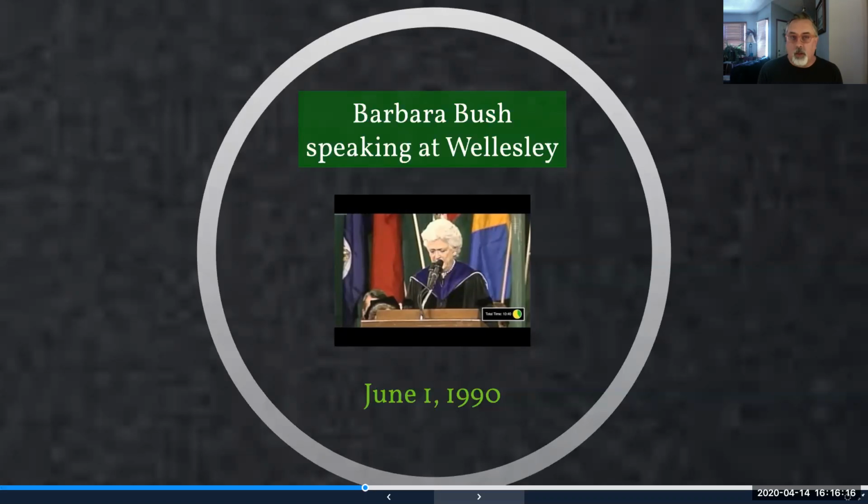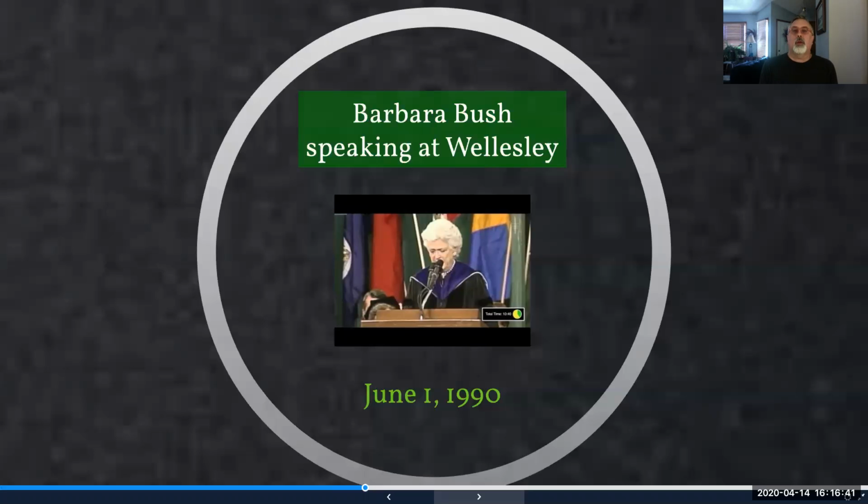I don't know if you know anything about Wellesley College, but Wellesley College is an all-female liberal school. They are very left-leaning, very, very strongly Democrat. And Barbara Bush was not the graduating class's choice for a speaker, and they had usually asked the class who they wanted to speak.